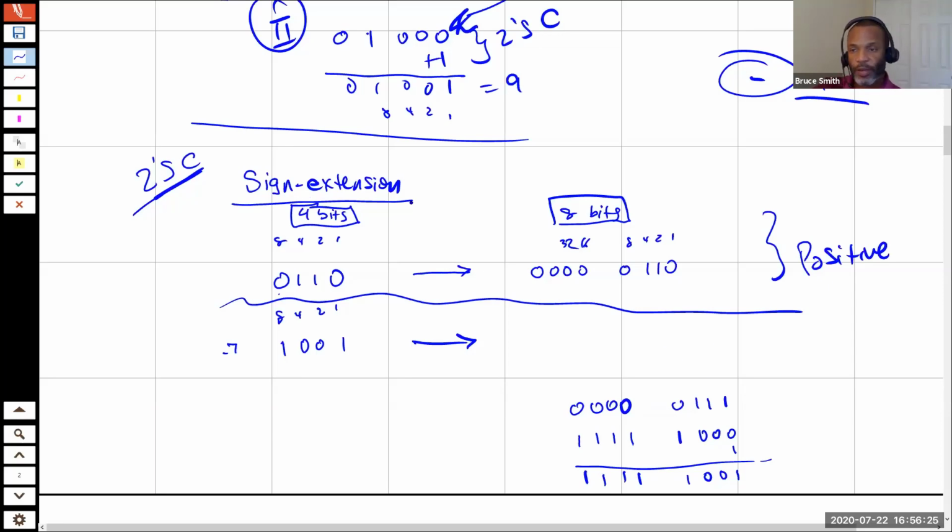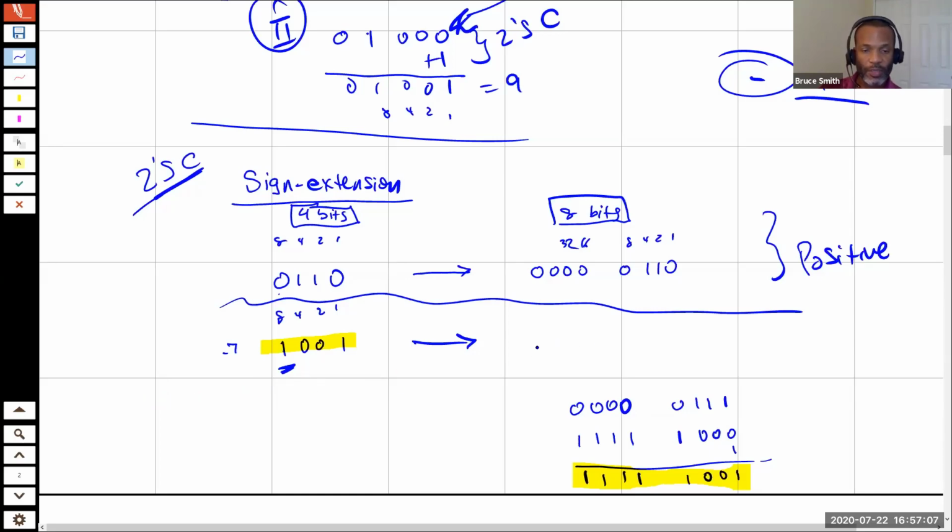So the pattern here that's important to observe is that our -7 here and our -7 here look very, very similar. It's just that there are these 1s that are sticking out on the front end. And that pattern will always hold. So when I want to take a -7 of some space and convert it into a larger bit space, all I need to do is duplicate the most significant bit to occupy whatever that space is.